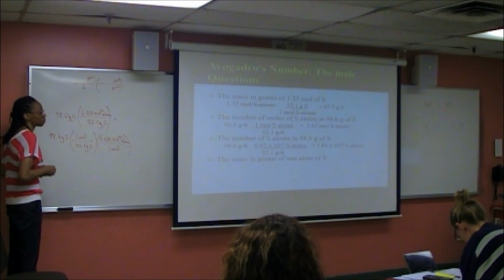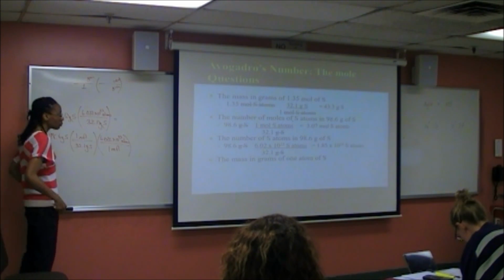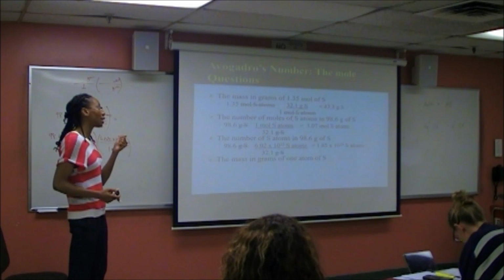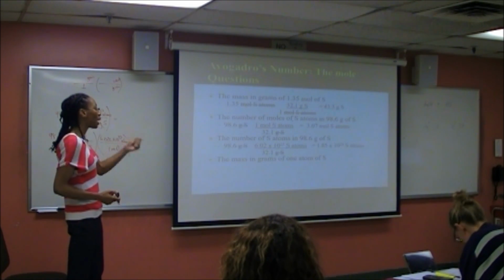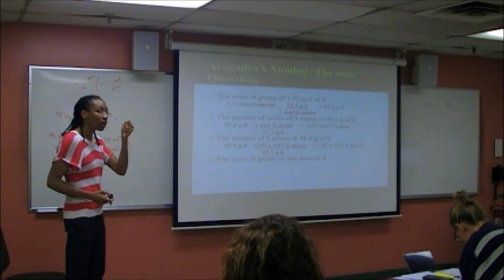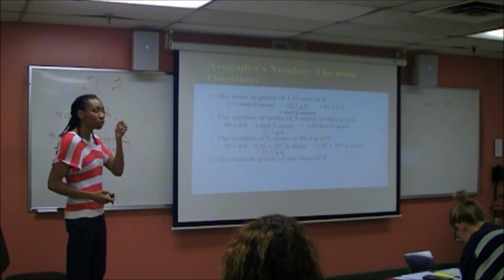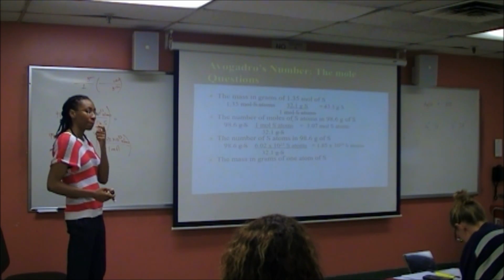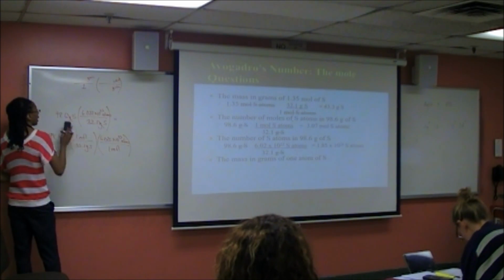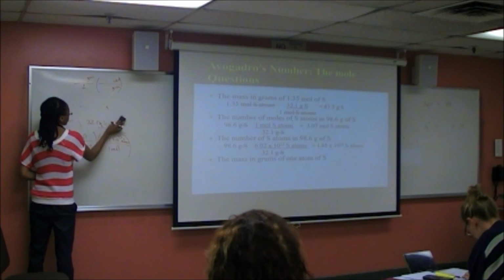Oh, okay, I see what I did. So now I want you to calculate the mass in grams of 1 atom of sulfur. What do we do? Mass divided by Avogadro's number.